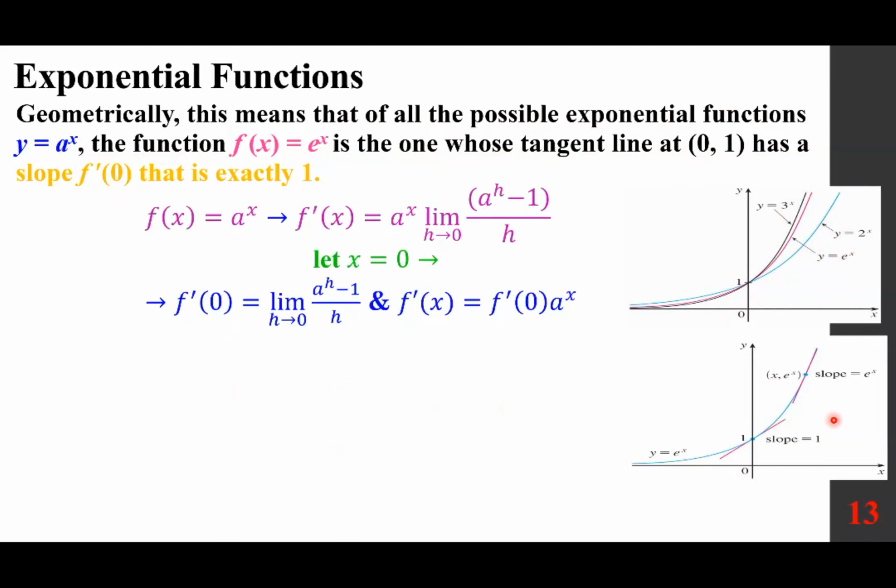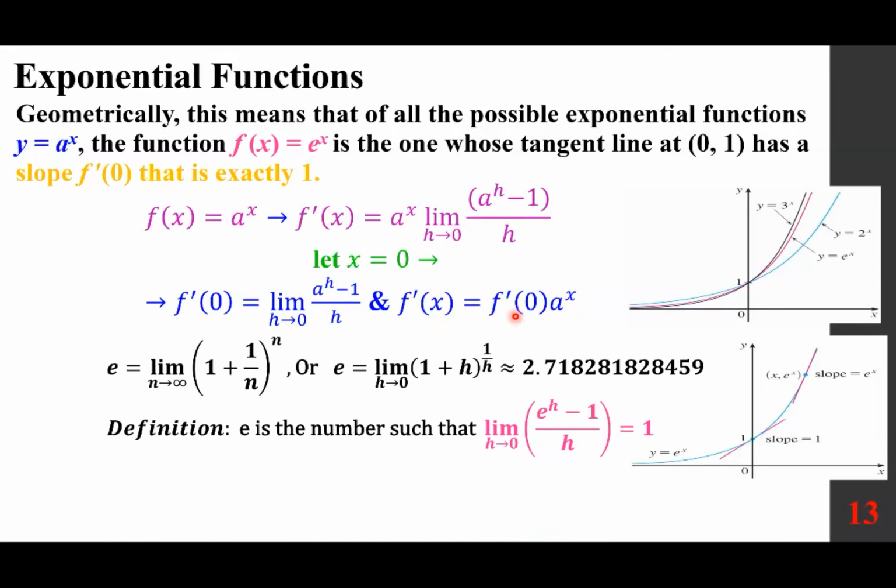So we said f of x equals a to the power of x. Here's f prime of x. If you set x equal to 0, this becomes a to the power of 0, which is 1. And therefore, f prime of 0 is 1 times this. So f prime of 0 is the limit of a to the power of h minus 1 over h as h approaches 0. So f prime in general is f prime of 0, a to the power of x.